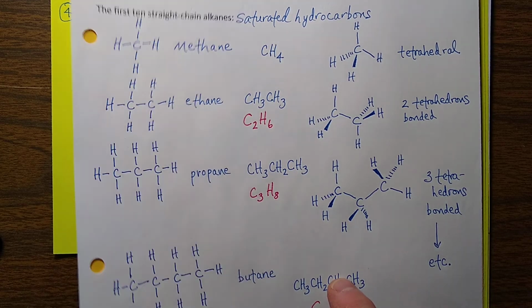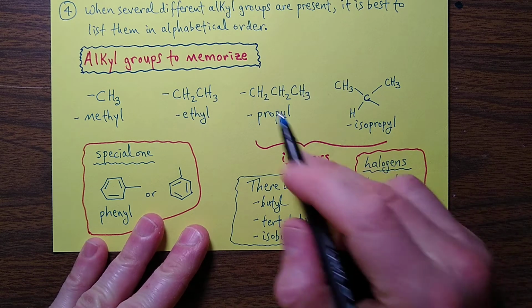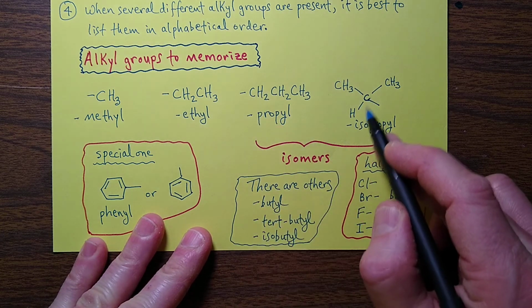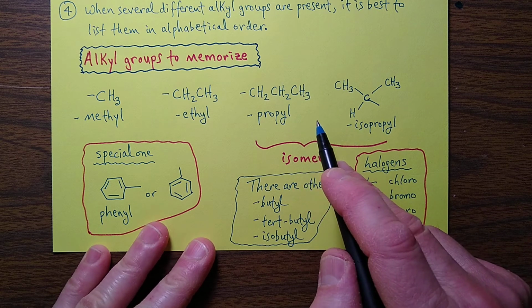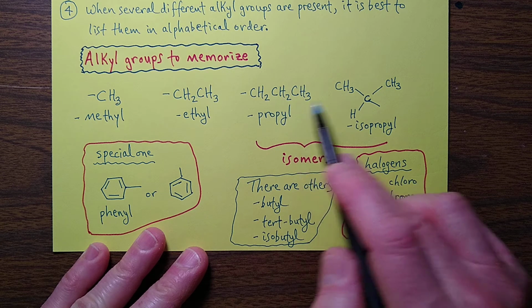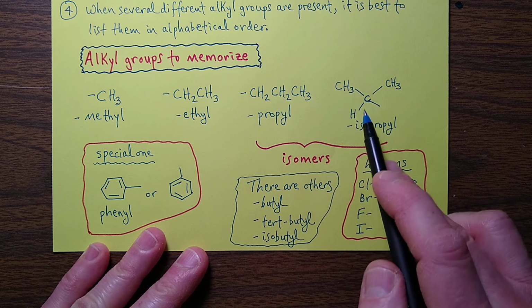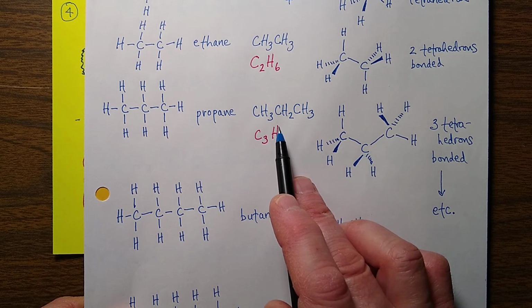That's an isomer of the propyl group, so we call that isopropyl. You're not attaching at the end carbon, but at the middle carbon. But notice both these propyl groups have the same numbers of carbons and hydrogens. They're C3H7. This is C3H8, because that's an actual molecule of propane.